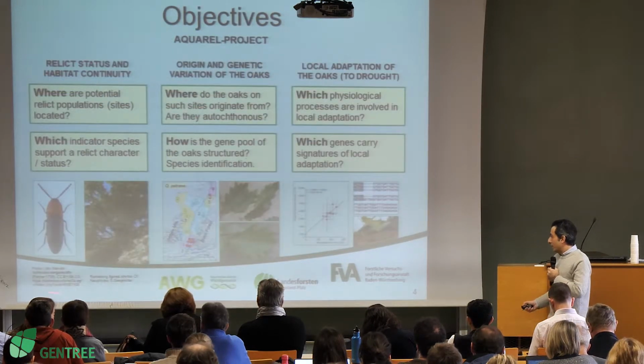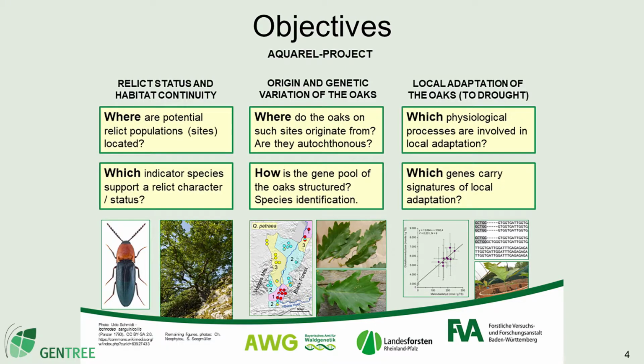So this slide summarizes our approach in the Aquarelle project. The first work package is, so to say, to search our research area for such putative relict populations. So we want to answer the question where such populations occur.